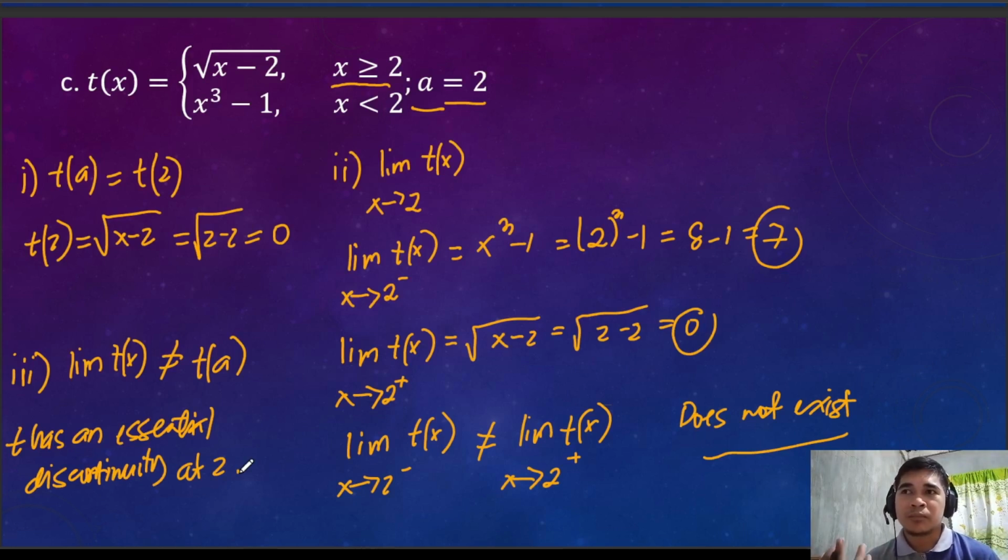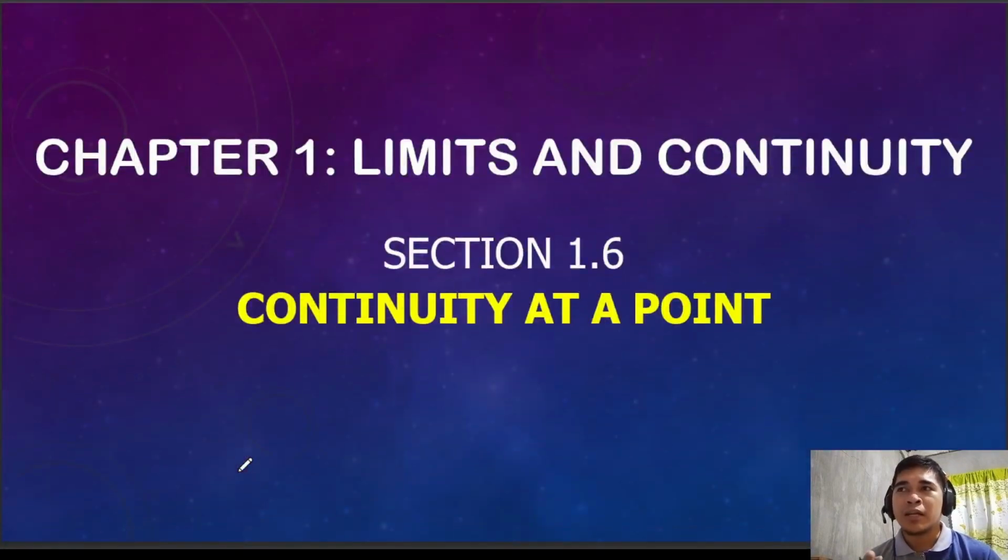And then pag discontinuous, we have two types. The essential discontinuity if nag-failed yung second condition. And then the next one is what we call the removable discontinuity if nag-failed naman yung first or ang third condition. So that's it for our lesson about continuity at a point.